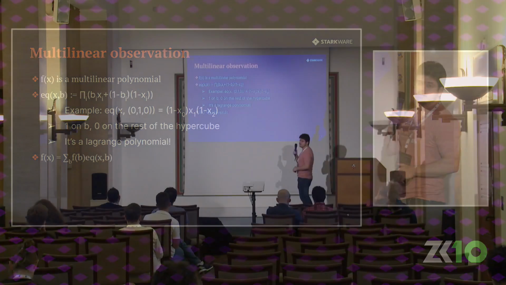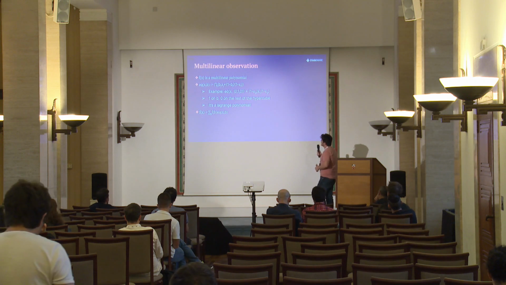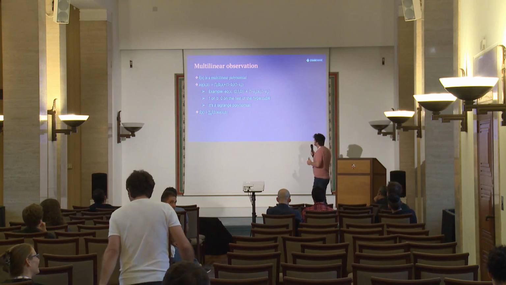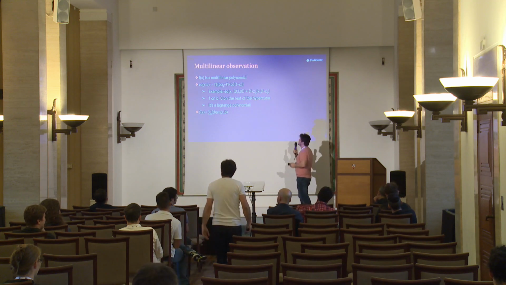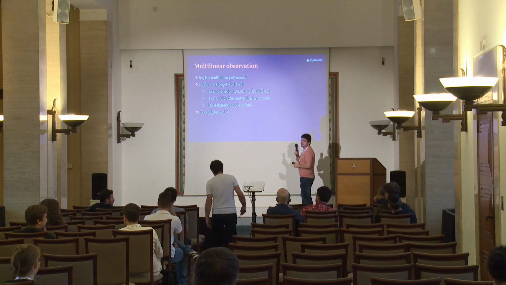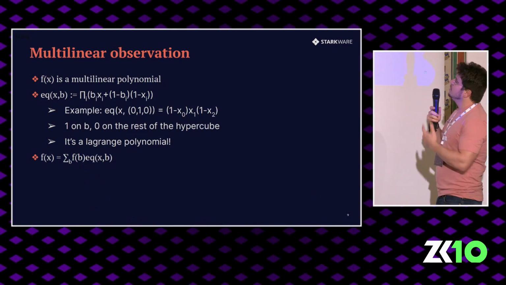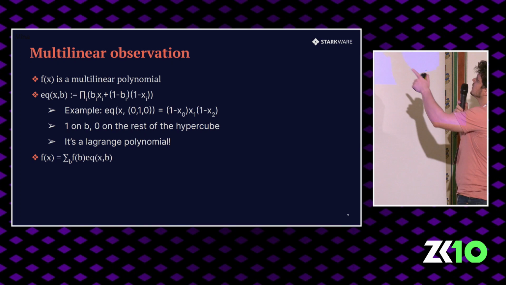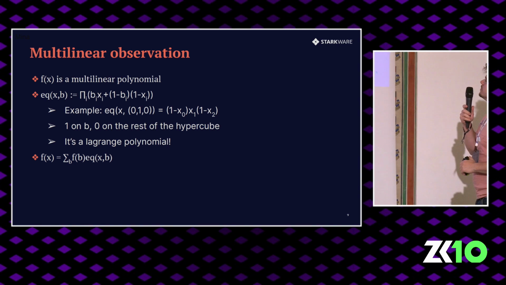It's called eq, equal, of x and b. It's a complicated expression, but let's look at a specific example for b = 0, 1, 0. If I put 0, 1, 0 instead of b, what does the polynomial look like? It looks like (1 minus x0) times x1 times (1 minus x2).